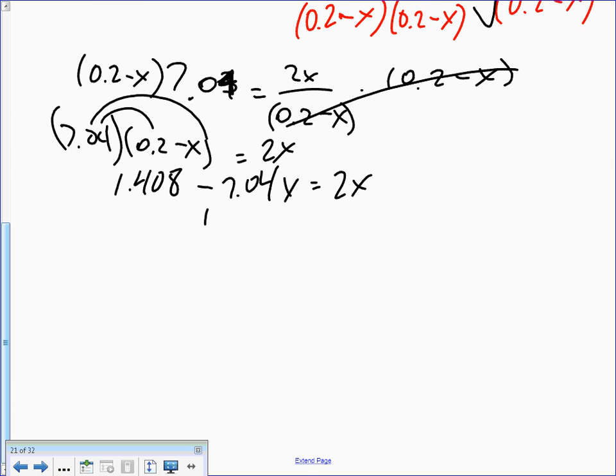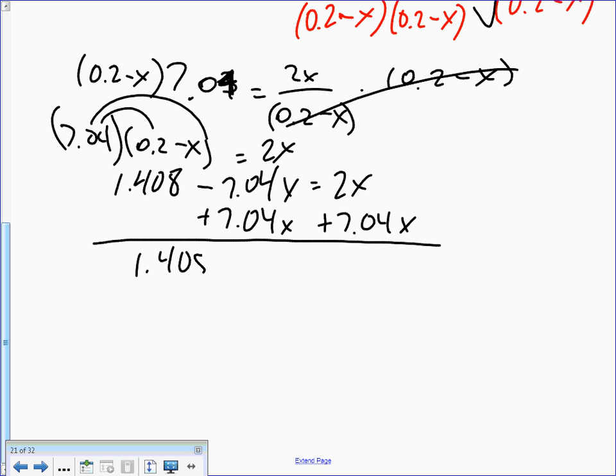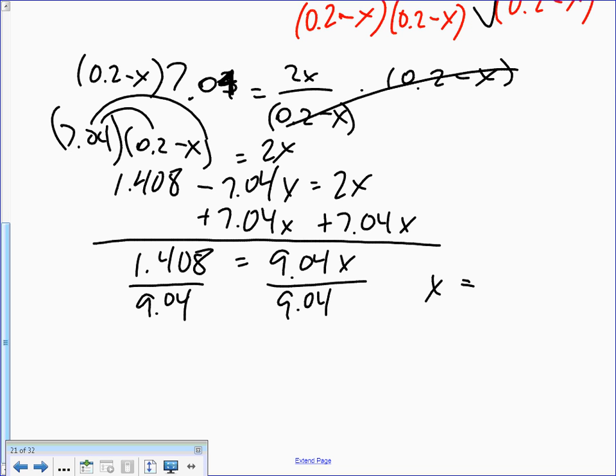Now combine like terms. Does this just look like straight up algebra? My math people are like, hallelujah, back to some math here. And my non-math are like, what in the heck have I taken? Okay, so now that I'm to 9.04x, I need to divide by 9.04, and x is equal to what?